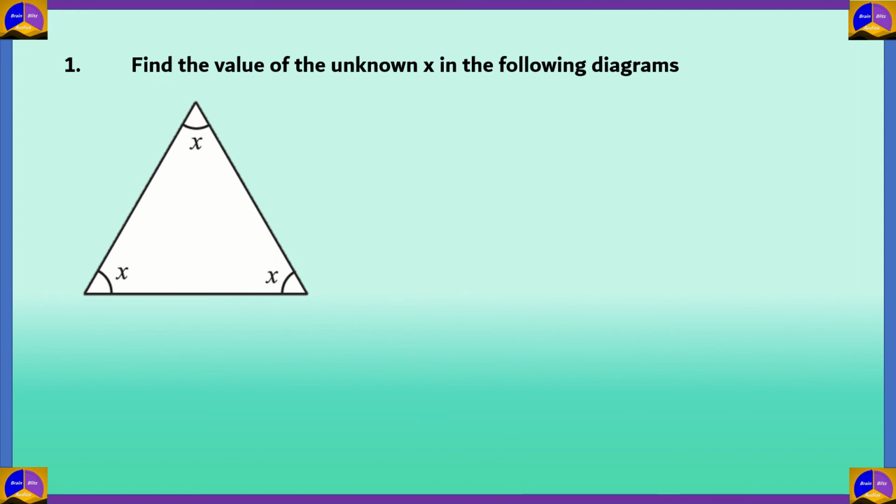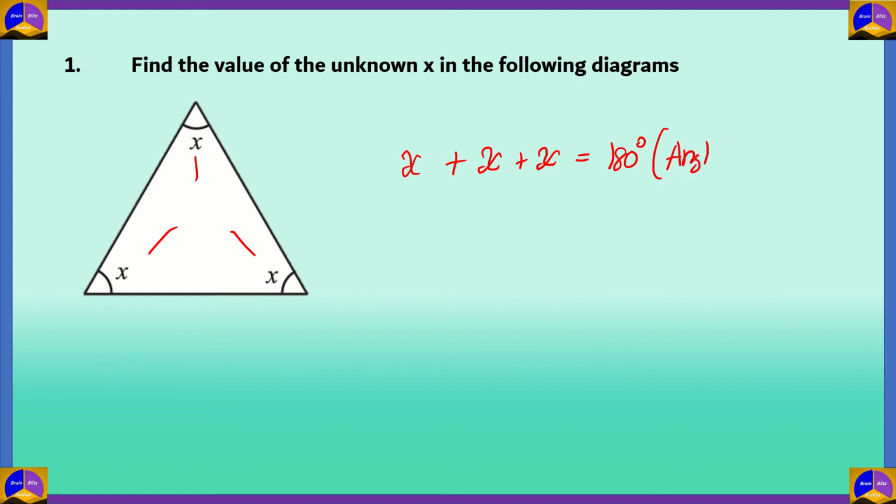Now the next question says we have to find the unknown x. All the interior angles are x. So according to the angle sum property, x plus x plus x would be equal to 180 degrees.